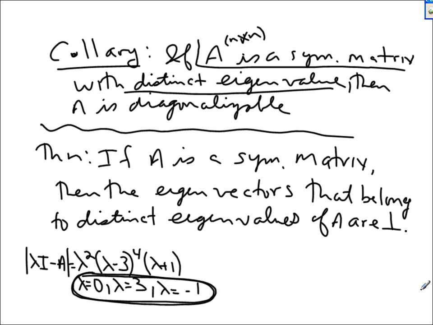Those eigenvectors will be orthogonal to one another. So if you have a symmetric matrix and you calculate the eigenvalues without using duplications, the eigenvectors for all those distinct eigenvalues will be orthogonal.